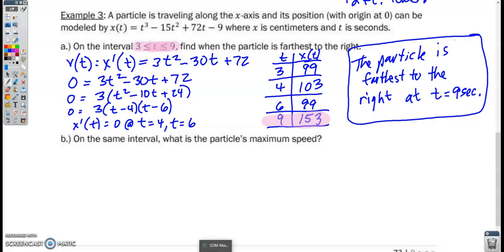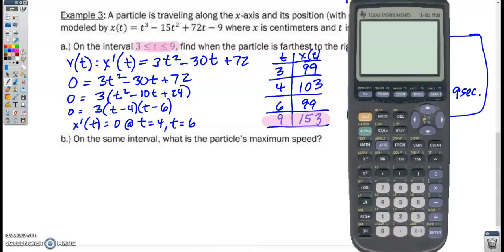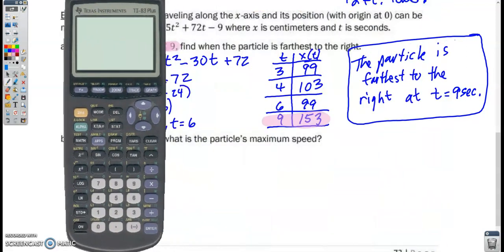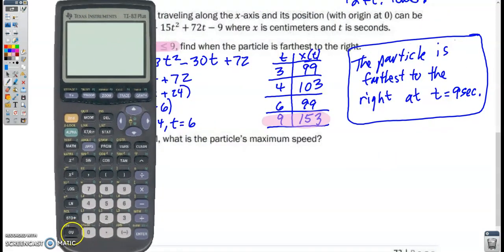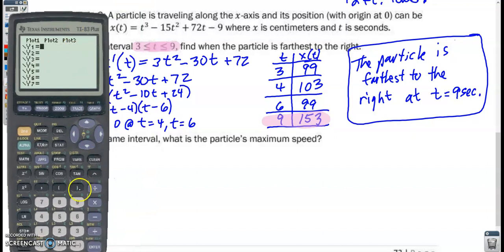By the way, for those of you who use 83 or 84 models, in order to do something similar to what I did there when I was evaluating things, you could type this function in your y equals screen. This is one of my favorite little tricks when I'm evaluating a function at a bunch of different places.